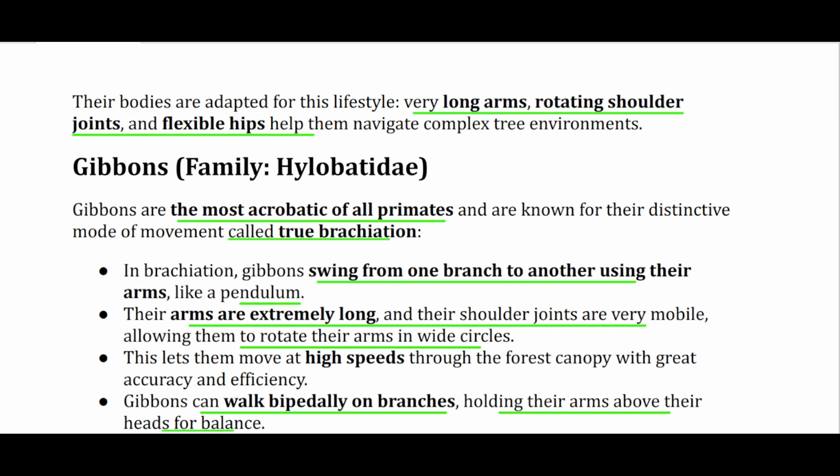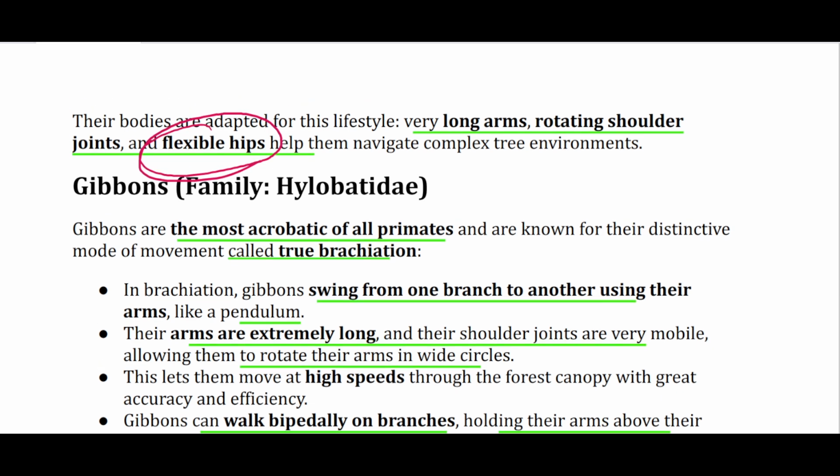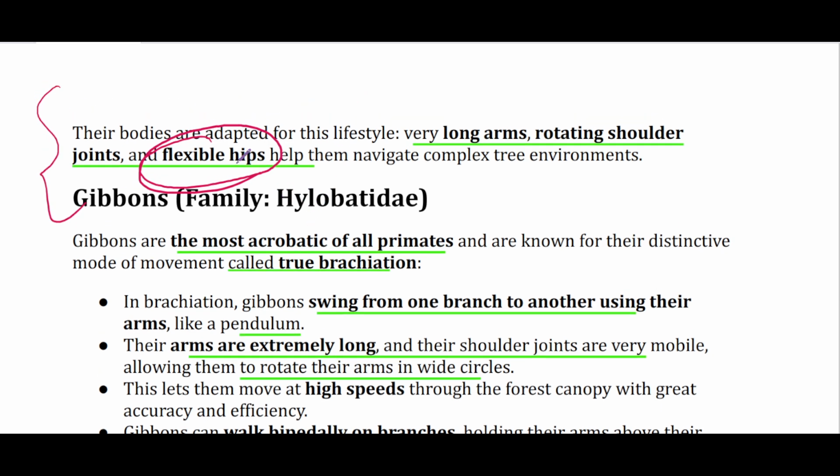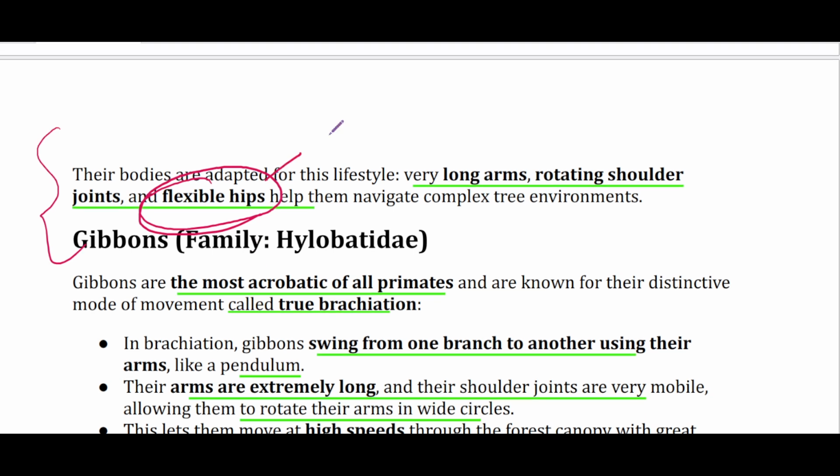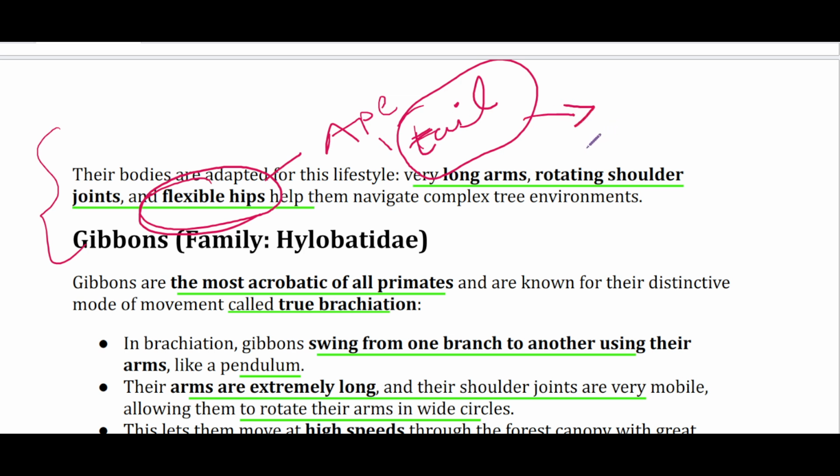If you are going to ask me why are hips flexible here, especially in their arboreal lifestyle, so the hip flexibility, because these ape species do not have a tail, and the other species, new world monkeys and old world monkeys, all of them have a tail. So the tail is a balancing mechanism.